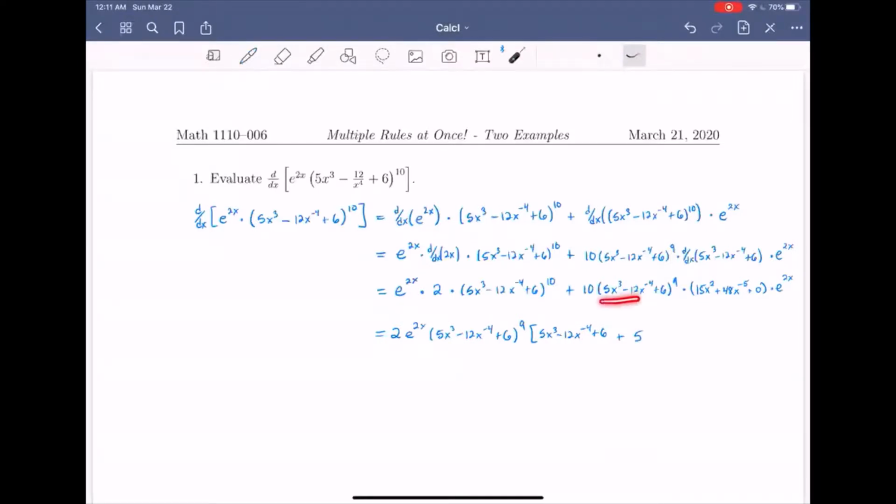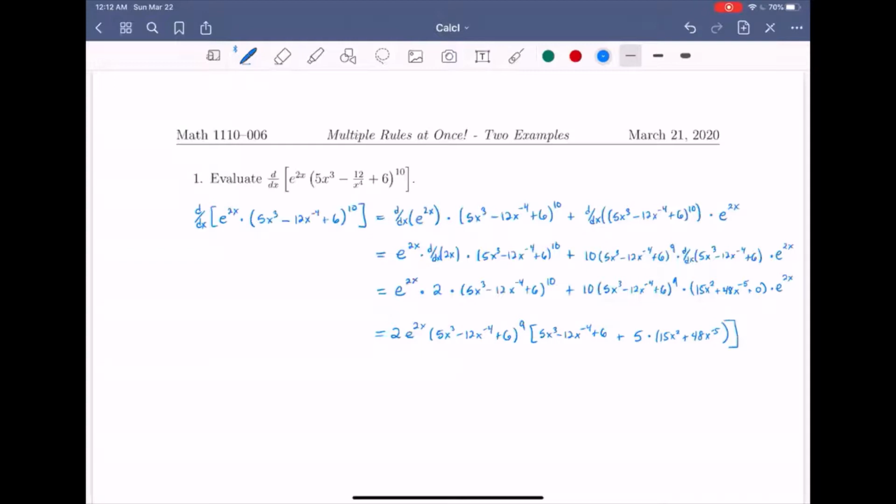We took out all of these, so that would be times 1, or we don't need to worry about that because we're multiplying by 1. So then we have this term, and then we factored the e to the 2x out already. So the only thing we need to multiply here is times 15x squared plus 48x to the negative 5. And the 0 doesn't need to go there because it's just 0.